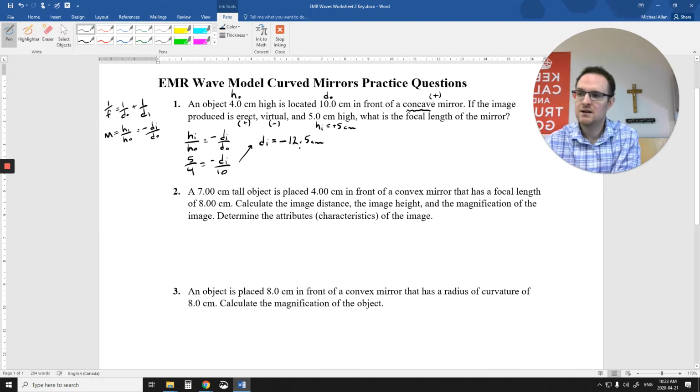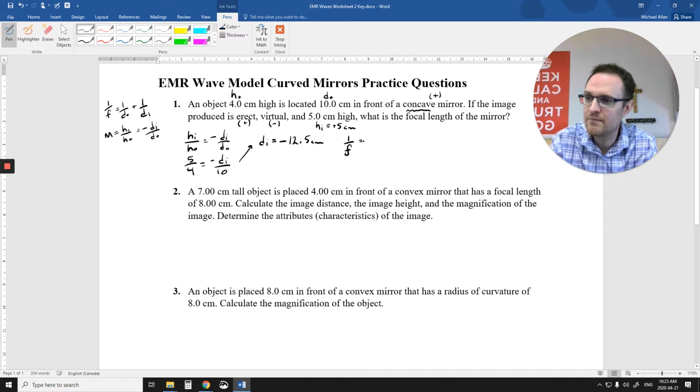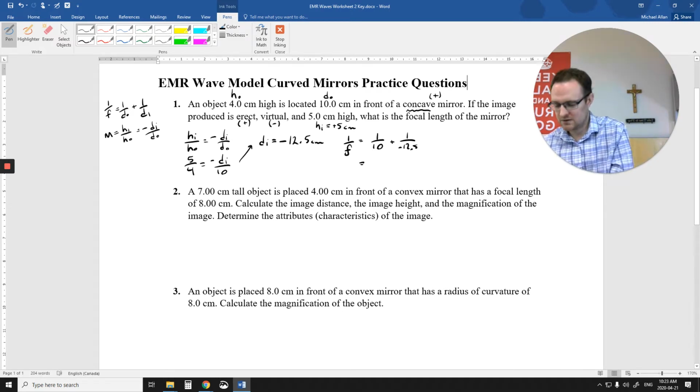Now the next part of the question says, what's my focal length? So I'm going to put into the formula my object distance of 10 centimeters, my image distance of negative 12.5, and we're going to see how that works out here. So we have 1 over 10 plus 1 over negative 12.5. I'm not going to go through the whole calculation.